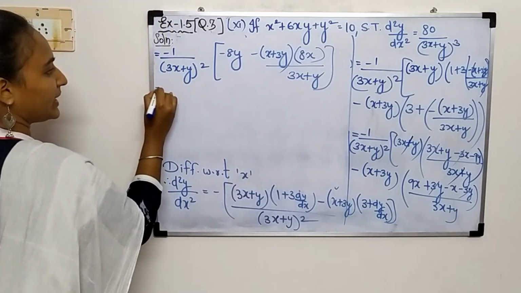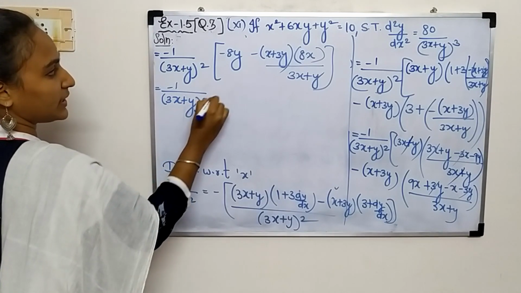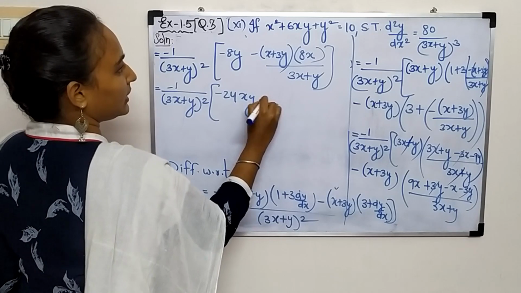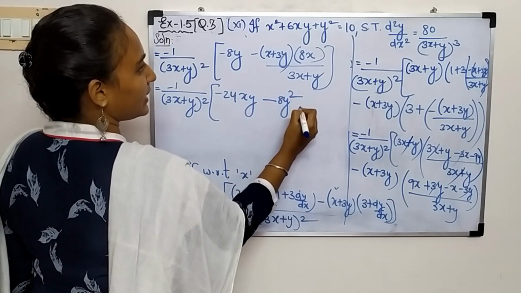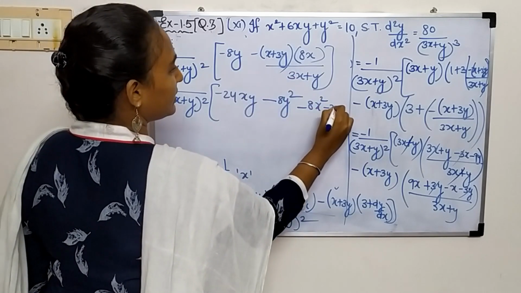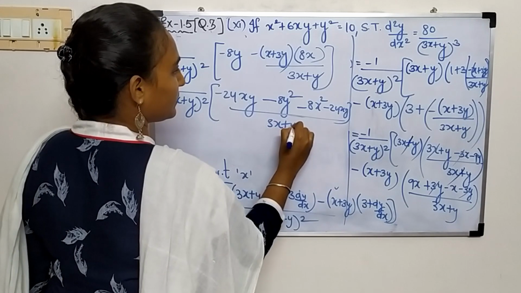Now cross multiply this again. Minus 1 upon (3x plus y) the whole square. This is minus 24xy minus 8y square minus 8x square and minus 24xy upon (3x plus y).